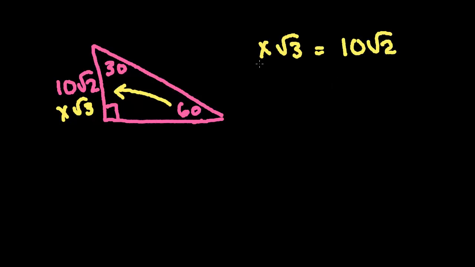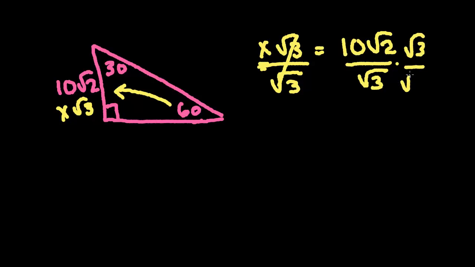So I need to solve for x. So that means I'm going to divide by square root 3. Divide by square root 3. I can't do 2 divided by 3, so I'm going to just rationalize my denominator. Square root 3 over square root 3. So I end up with 10 square root 6 over 3. So that is what x is equal to.